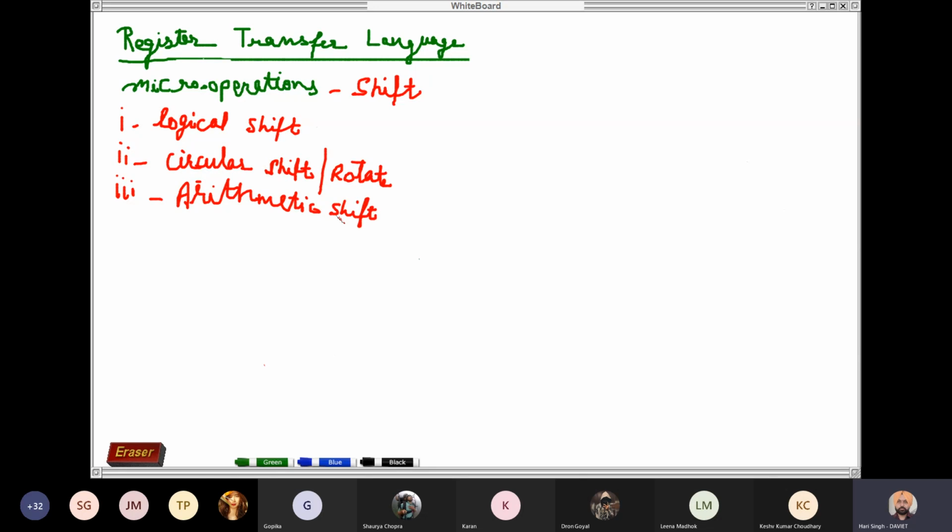So these are three types of shift operation.